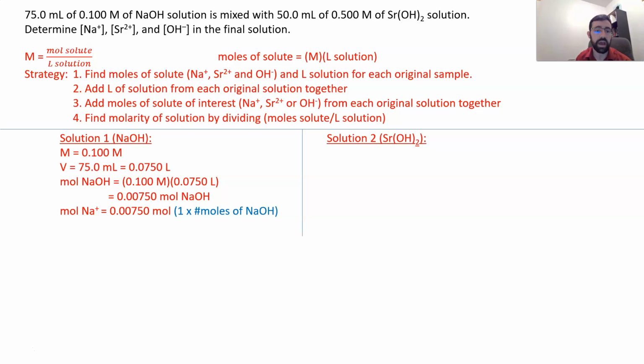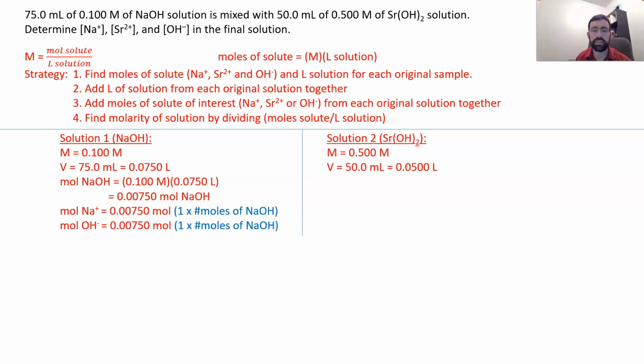Same thing with hydroxide ions. There's only 1 mole of hydroxide ions in sodium hydroxide, so we're going to multiply that number by 1 once again. Let's go to strontium hydroxide. Our molarity is 0.500 molar, and we have a volume of 50.0 milliliters. Turn that into liters, you get 0.0500 liters.